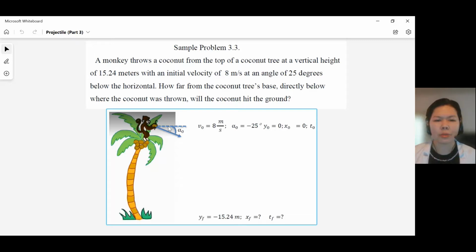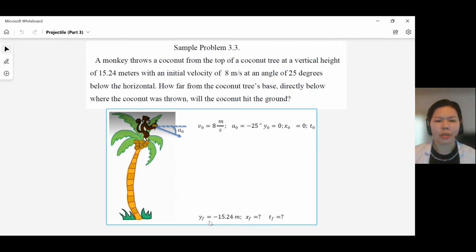So at the initial position, y naught equals 0, v naught is equal to 8 meters per second, and alpha naught is below the horizontal, so it's negative 25 degrees. Of course here, t naught equals 0.